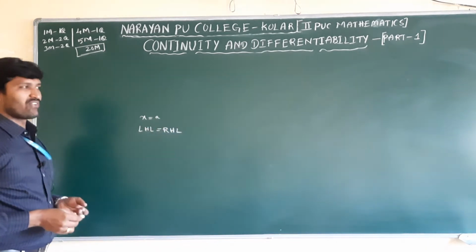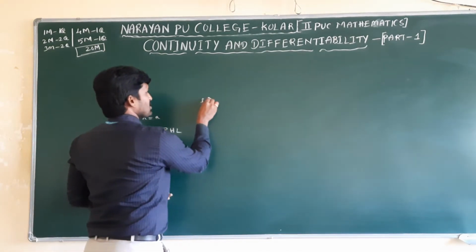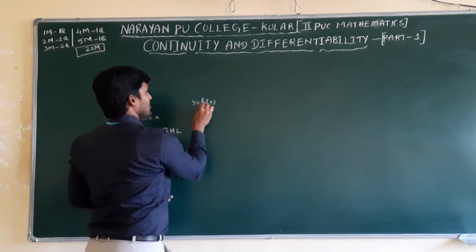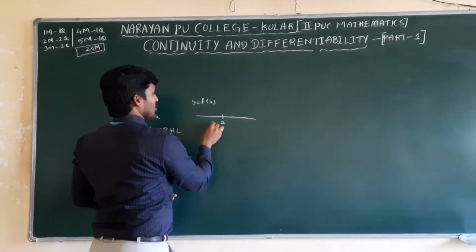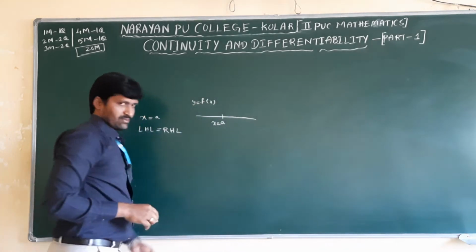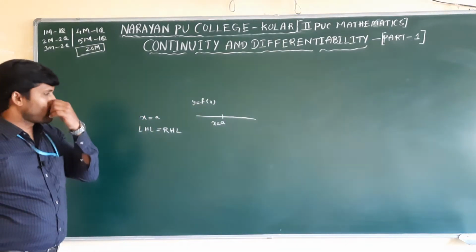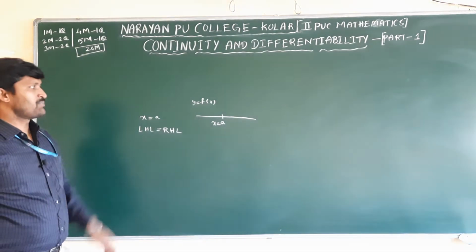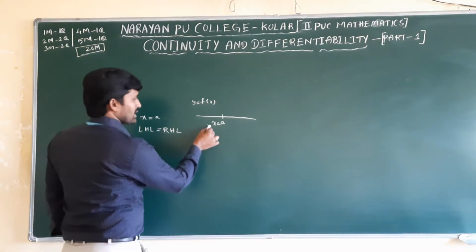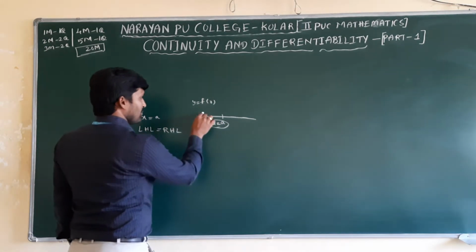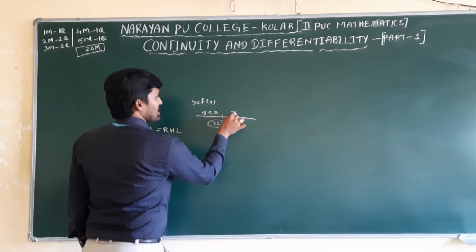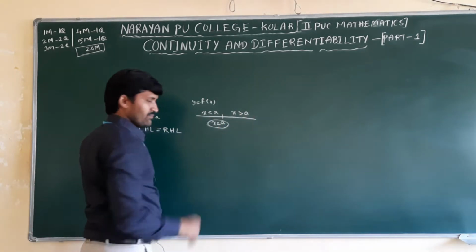What is the meaning of left hand limit? For the function y is equal to f of x, at a point, here we need to check whether the limit exists or not. This is a small a. Left side of a means less than a, right side of a is greater than a.